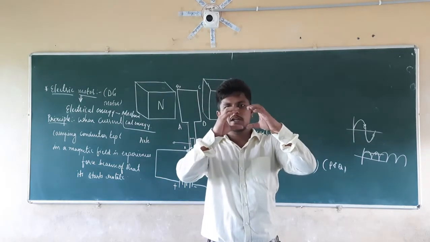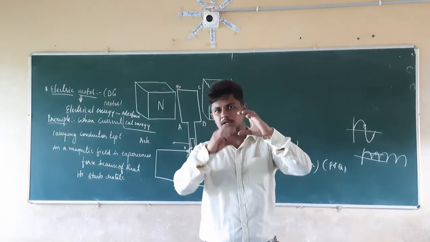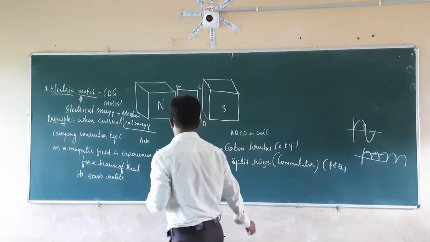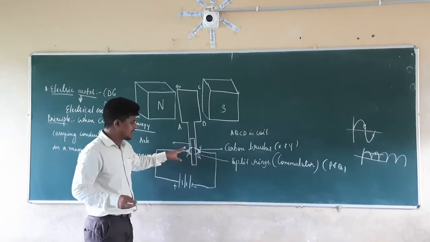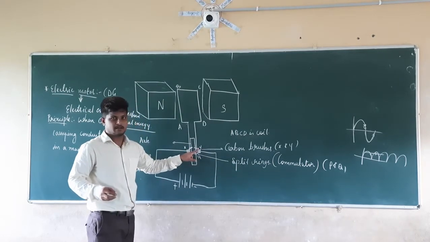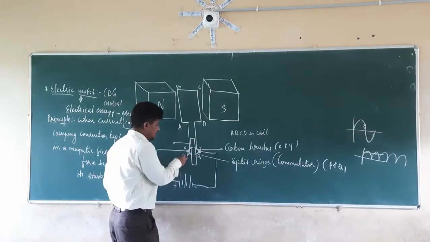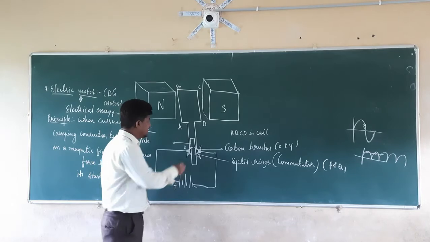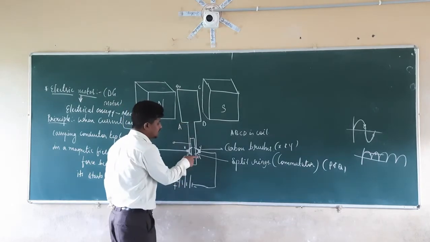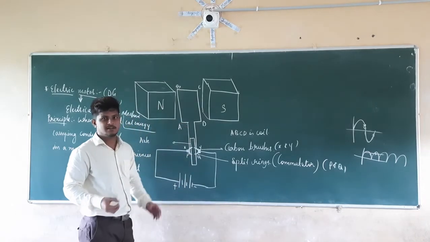This is connected to one carbon brush, and this is connected to the other carbon brush. So let us see here. This is P and this is Q. This is the X carbon brush and this is the Y carbon brush. X and Y carbon brushes are not going to change their position. But when this starts to rotate, P and Q split rings are going to change their places.